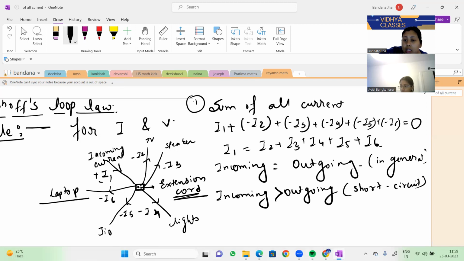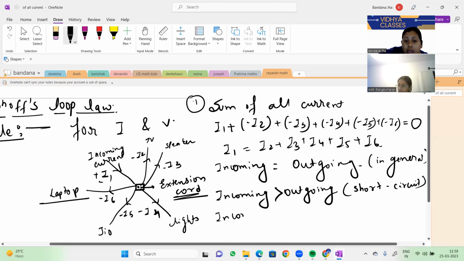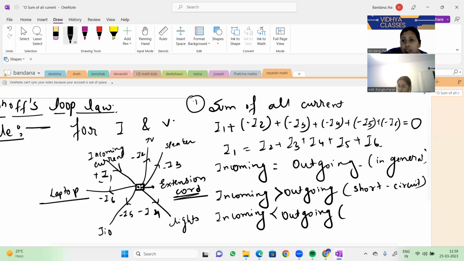Similarly, if incoming is less and outgoing is more, what happens? The switch trips.